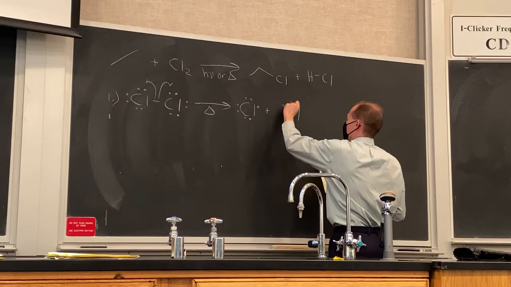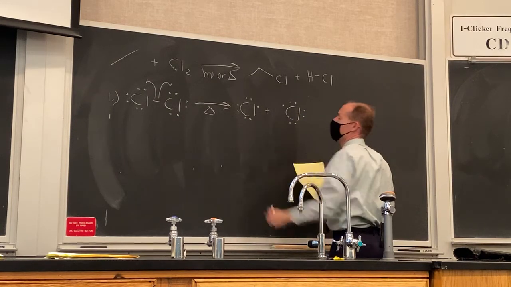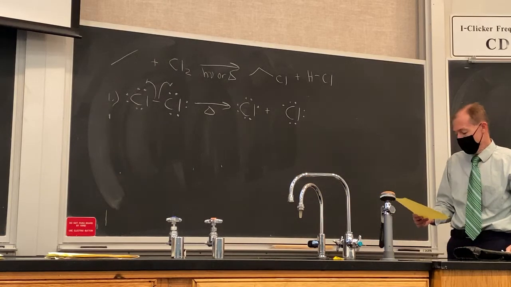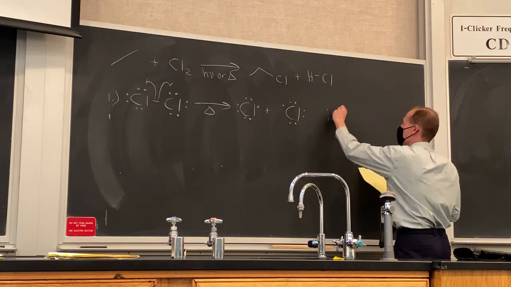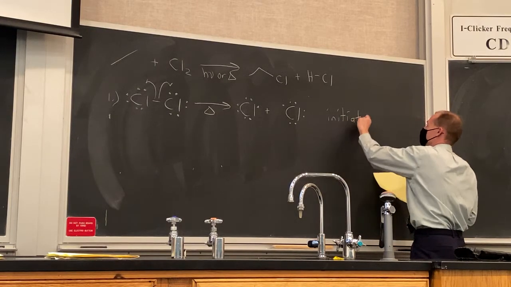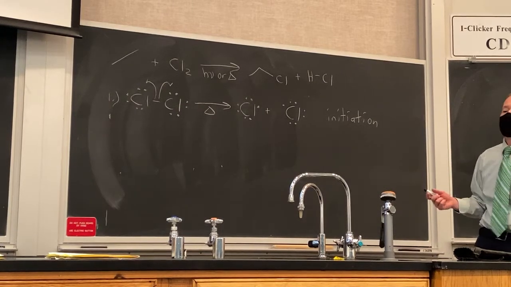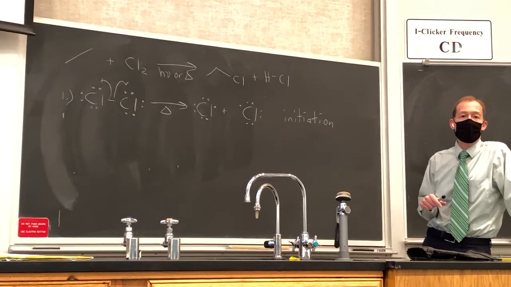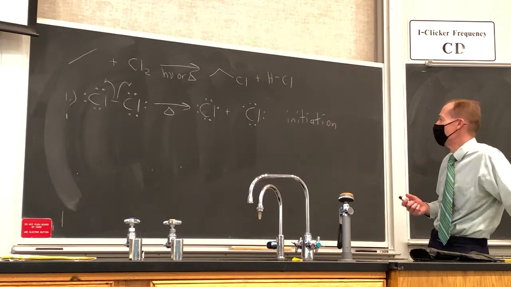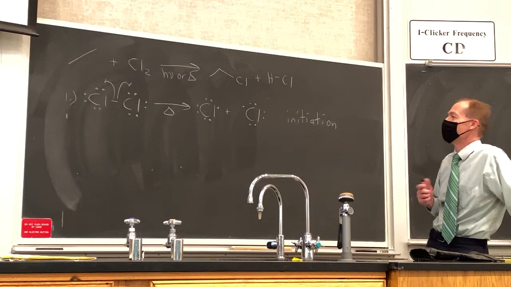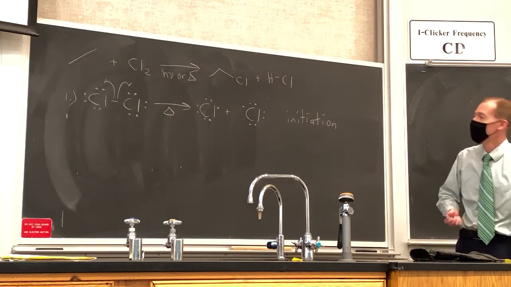They each have a single unpaired electron. And this step has a name. This is referred to as initiation. In a radical reaction, when you convert a non-radical species into a radical species, that process is referred to as initiation. So step 1 in our radical halogenation is an initiation.